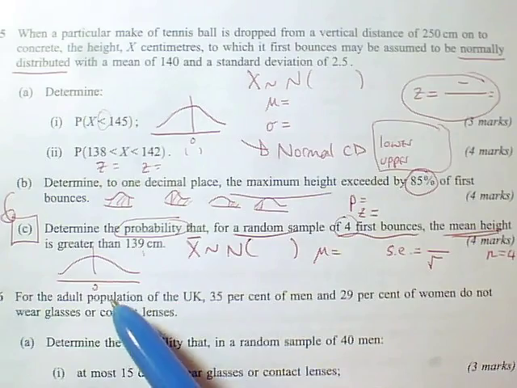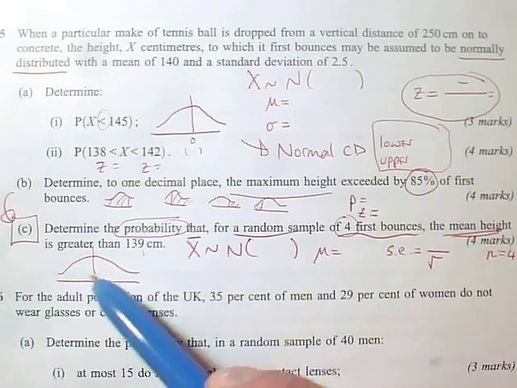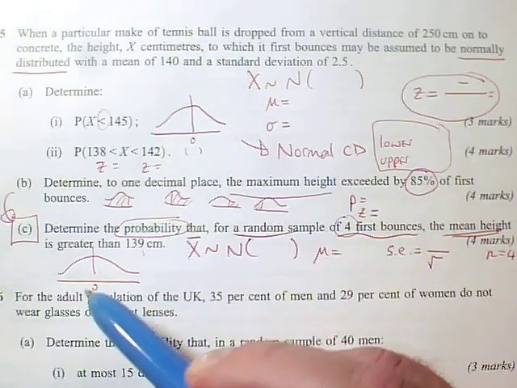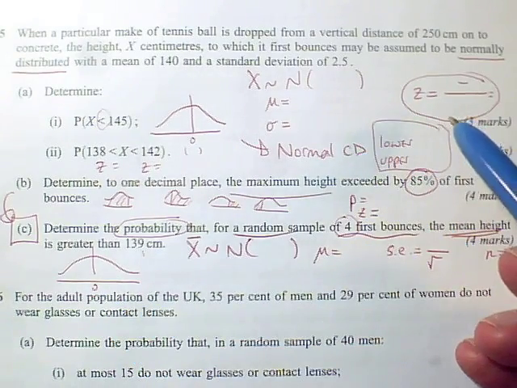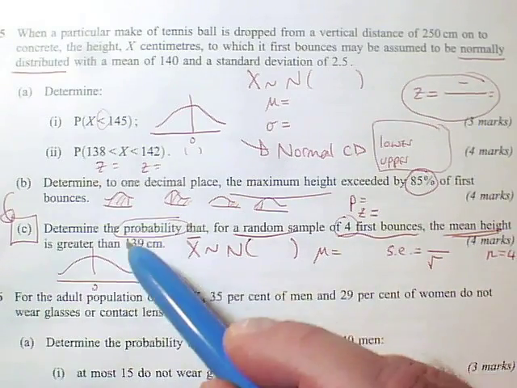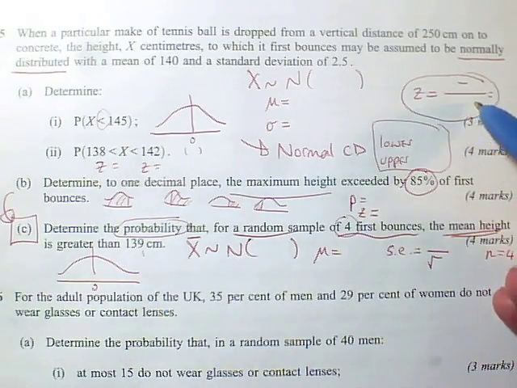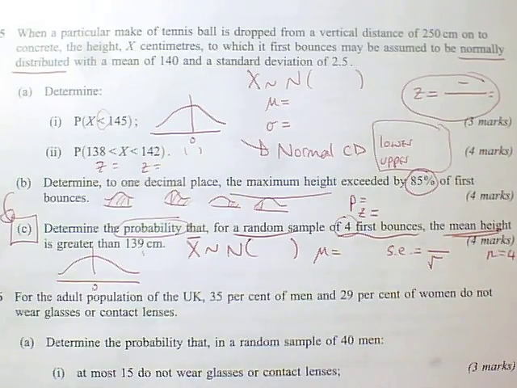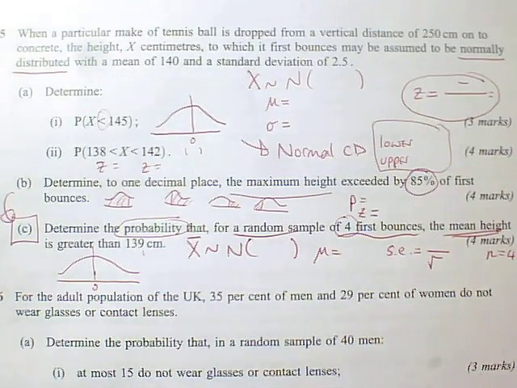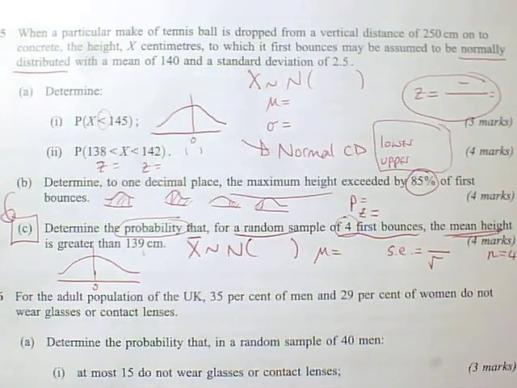You need to draw the line for 139 on one side or the other and do your shading, and it's very much like part A, except this time when you work out Z, we're now working out Z for a sample mean, so it's the X bar value, so that's this 139, minus something divided by the standard error this time. Okay, so once you've got that, you set up your lower and your upper as you did in part A, and you should be fine. So I'd hope that helps.